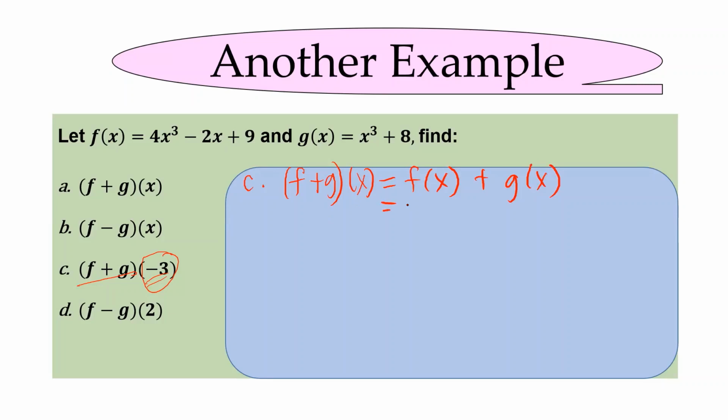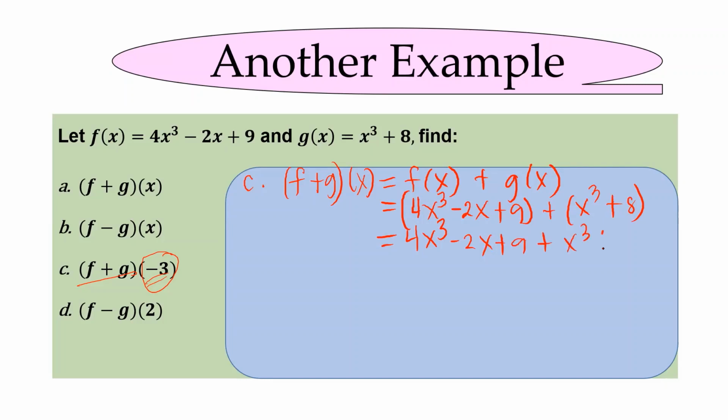And then, substitute f of x with 4x cubed minus 2x plus 9. Then, open and close parentheses. Bring down plus. We have here the g of x, we have x cubed plus 8. Since wala pong ma-change dyan na numero, remove lang natin yung parentheses. Bring down 4x cubed minus 2x plus 9 plus x cubed plus 8.